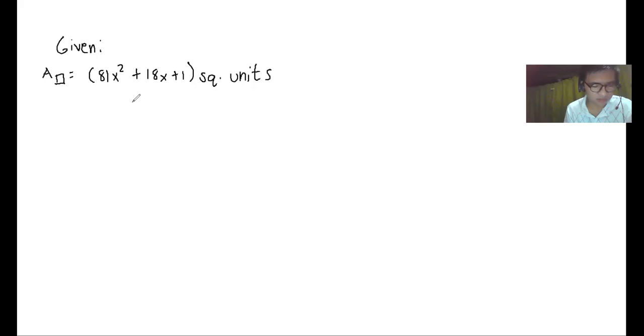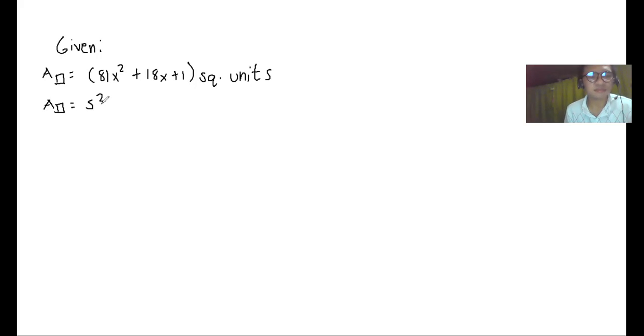So we will find a binomial that can represent the length of each side of a square. According to the formula, the area of a square is equal to s squared, right? So we need to find the value of s.